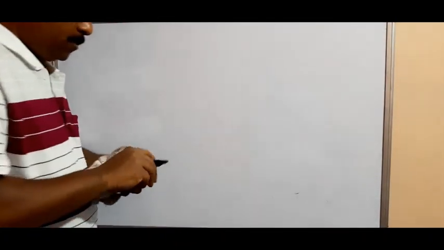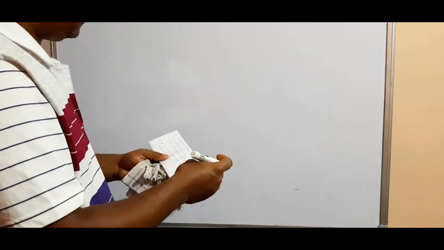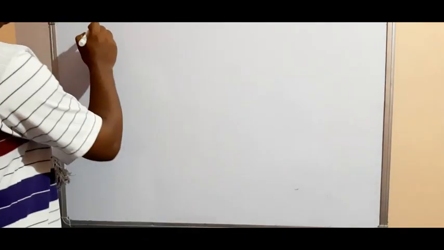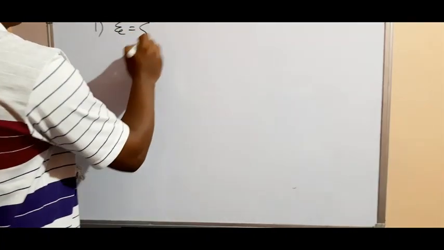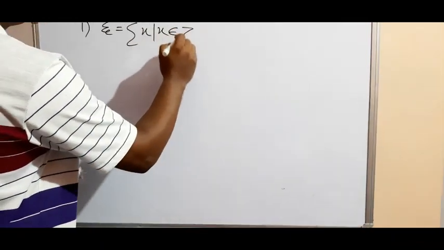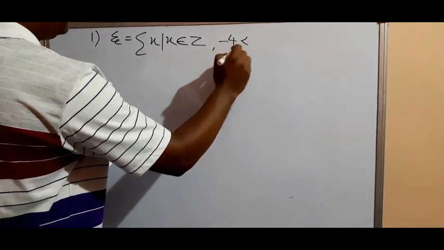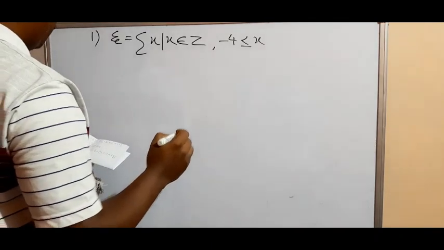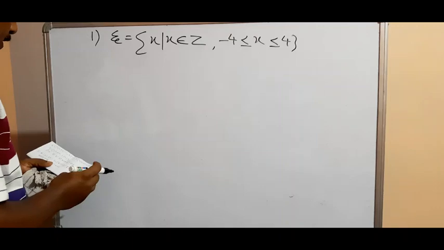Here the question is given. Question number 1: suppose the universal set is given as x such that x belongs to Z, comma, minus 4 less than x less than or equal to 4. This is the universal set.